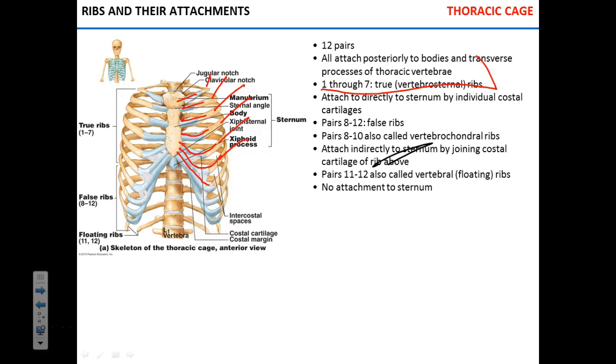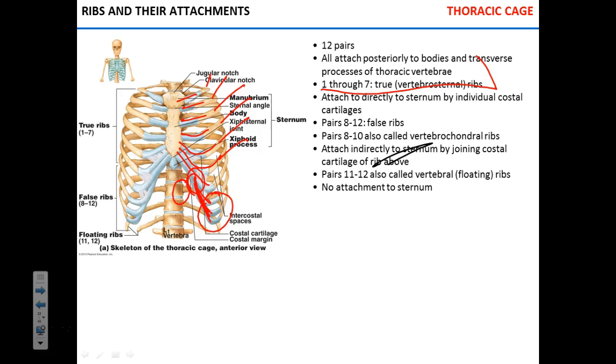you will notice that they do articulate with the vertebrae, right? But then, on the anterior aspect of the thoracic cage, they articulate to the cartilage. Can you see that? 8, 9, and 10 articulate via cartilage, not directly to the sternum, so they kind of join to the cartilage.